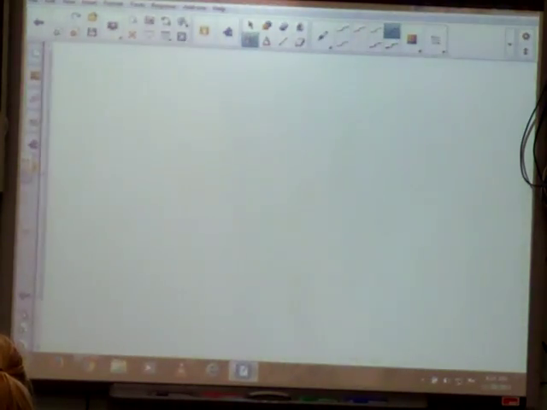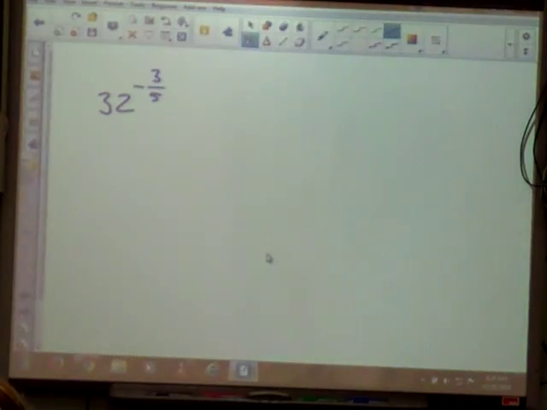I want to evaluate, I want to Nike 32 to the negative 3/5. Okay, so we got a negative. What are we going to do with a negative? Well, I'll tell you.